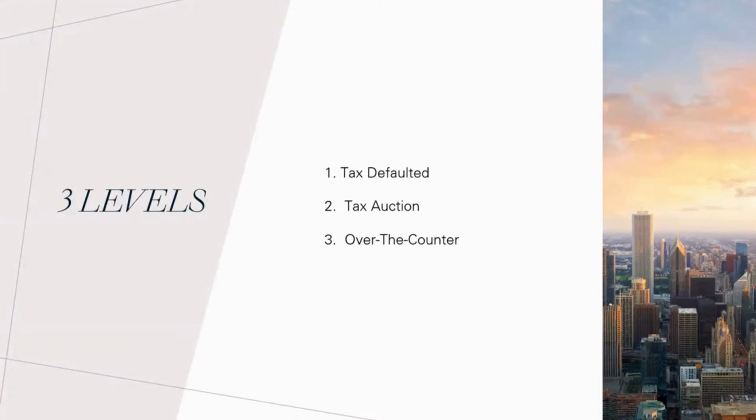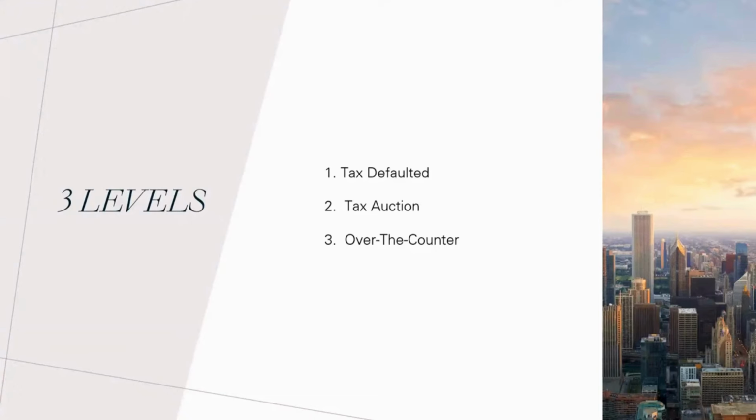And then the third level is something referred to as over-the-counter tax liens and tax deeds. Essentially, these are properties that have gone to tax lien or tax deed sale, and they go to auction, and for whatever reason, they did not sell.